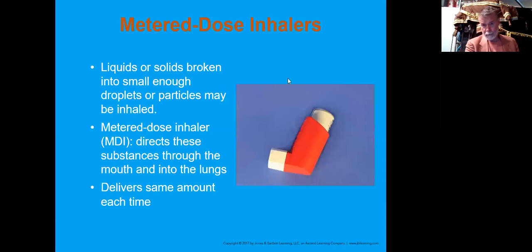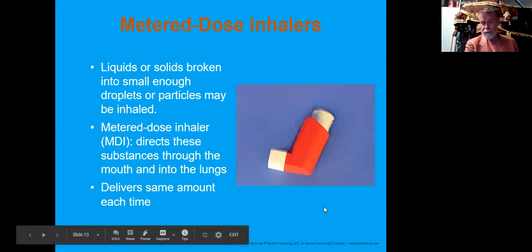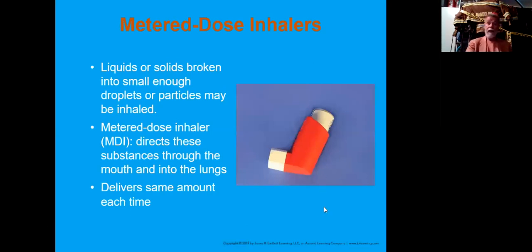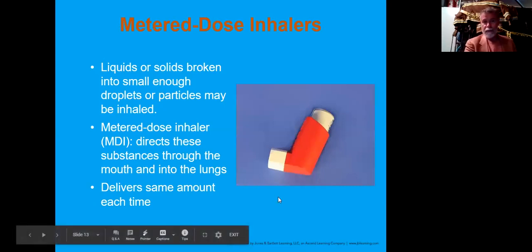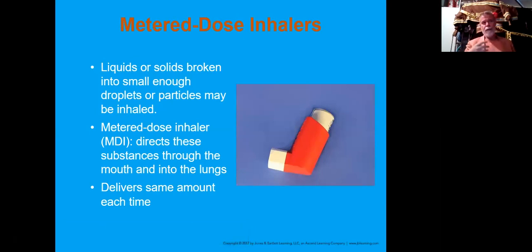Metered dose inhaler. So if you have a history of asthma, and there are a lot of people that do, or they have a family member, you have most likely seen one of these. As you depress that, it spits out this fine mist. People that use inhalers generally know they need to exhale, then breathe that in.